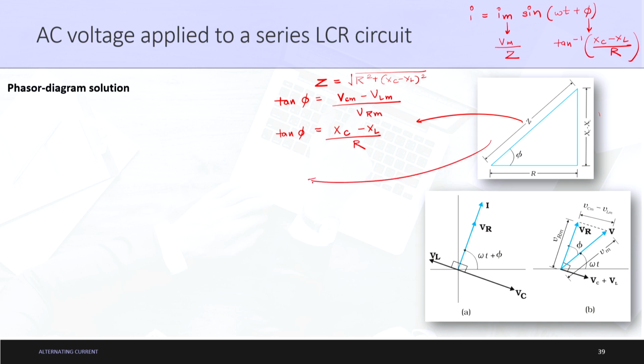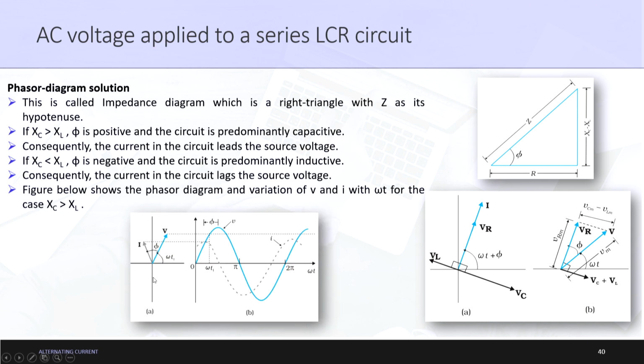This diagram is also called the impedance diagram. This is a right triangle with Z as its hypotenuse. That's all I needed to explain.